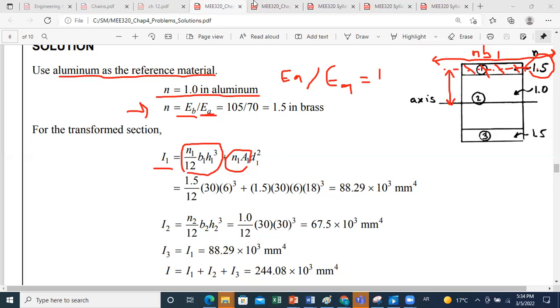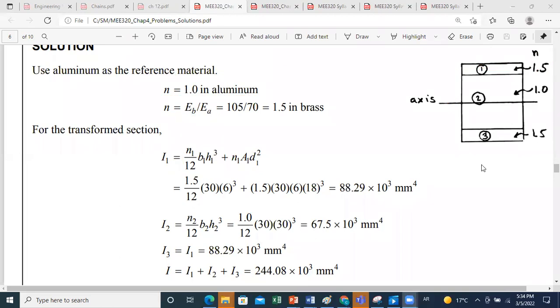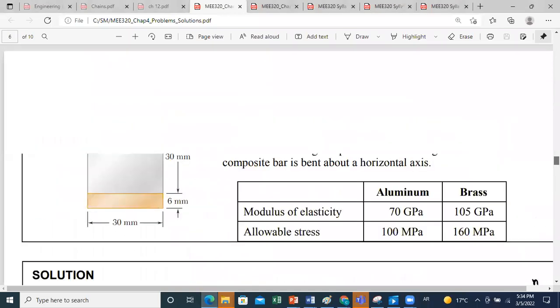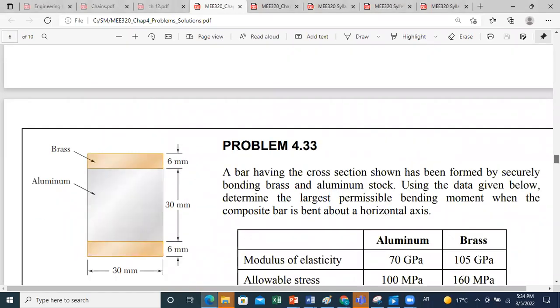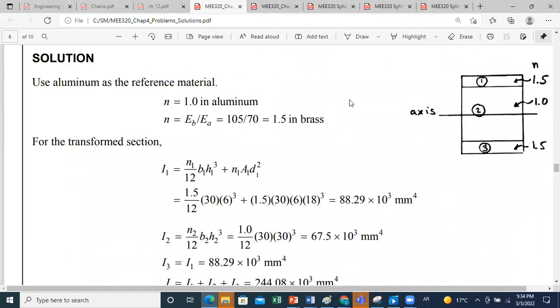You have the following dimensions. If we go back to the previous figure, you have 30 millimeters, 6, 30, and 6. So here, this is 6. Since this is 6, the axis passing by the centroid is at 3 millimeters from the top. So this distance here is 3 millimeters.